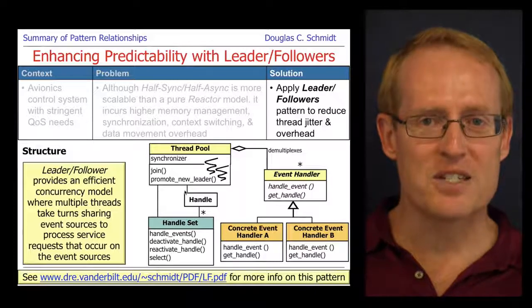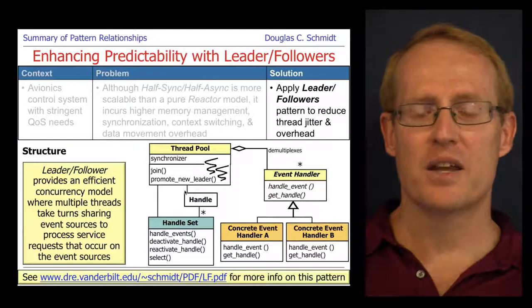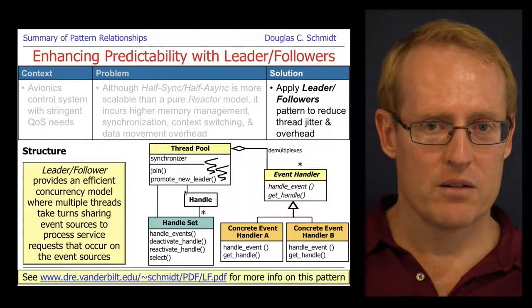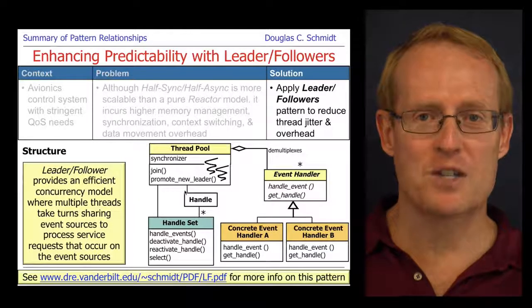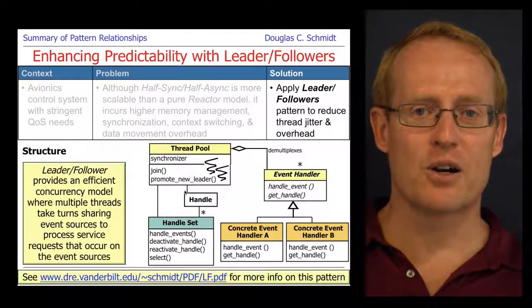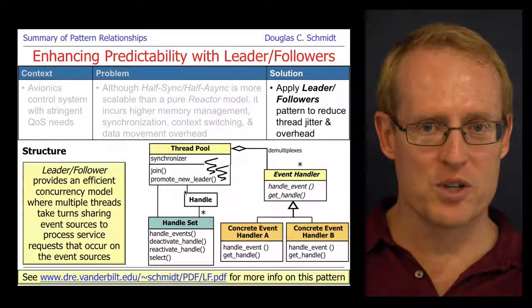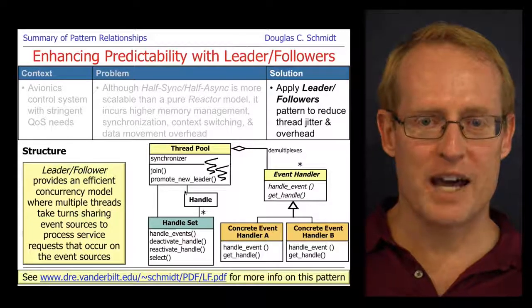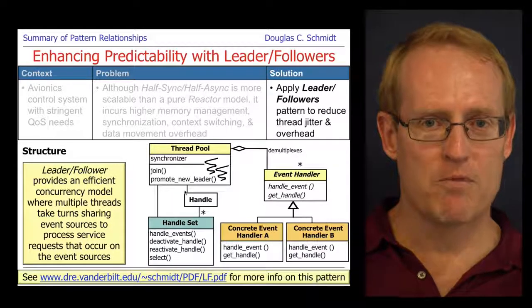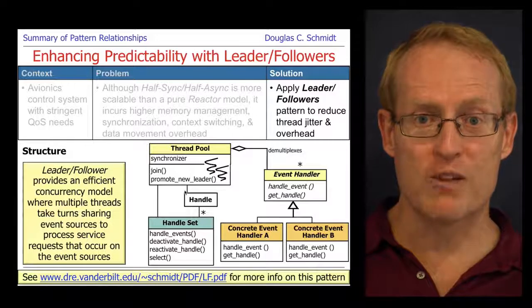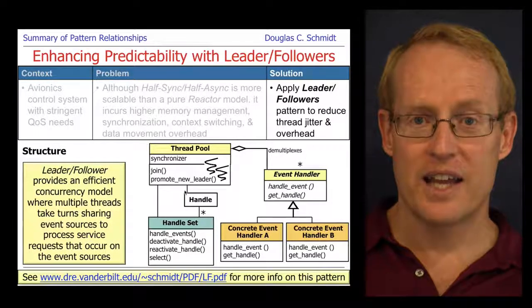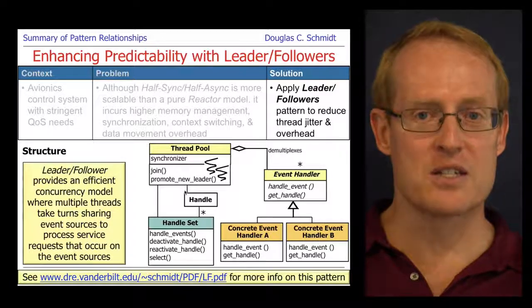So it's often the case that in a leader-followers implementation, the thread finishing up as a processor will go back to being the leader. The reason for doing that has to do with something called processor or thread affinity. You want to give preference to threads that have finished running recently because chances are they'll have instructions and data in their caches that may allow the system to run faster.